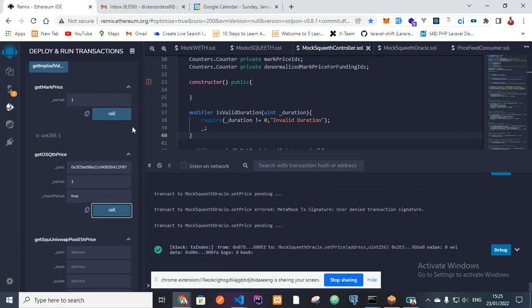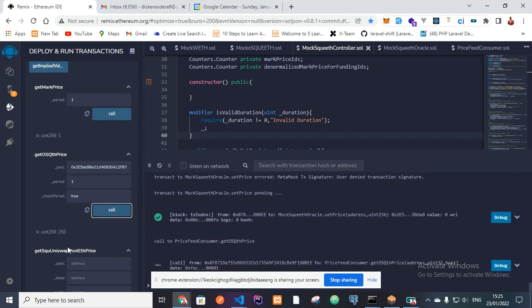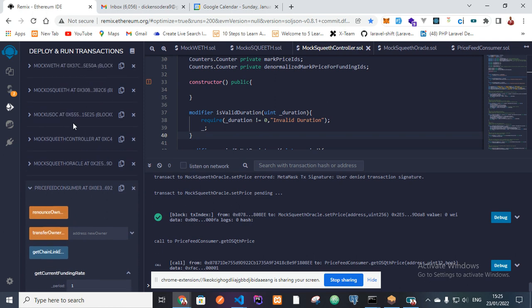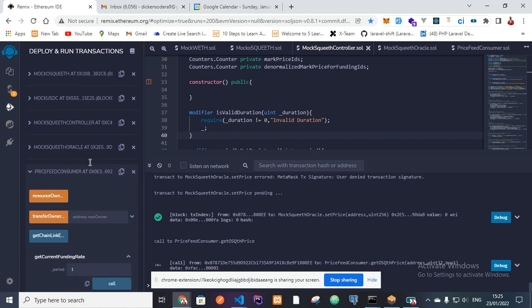Specify check period true. These are functions that exist from the Opyn protocol. You can see here we have a value of 250 that we've set from the oracle, and we are fetching it from the price feed consumer.